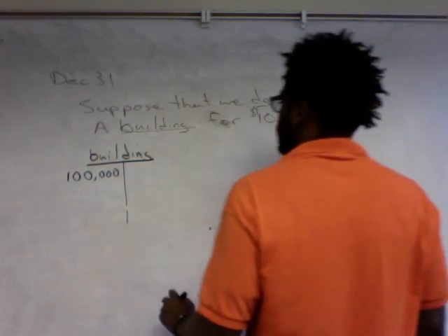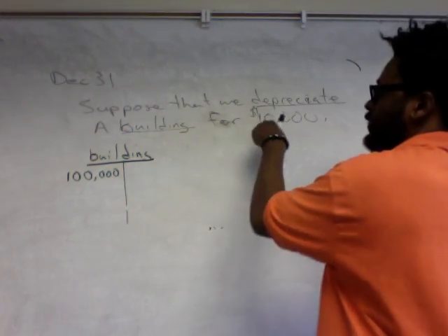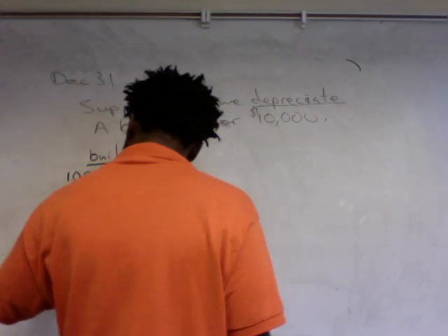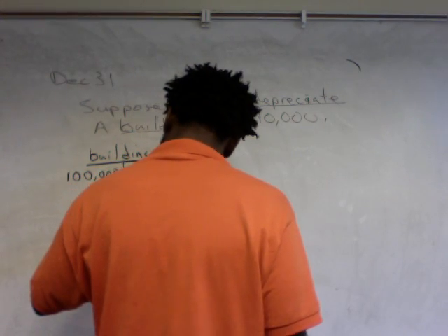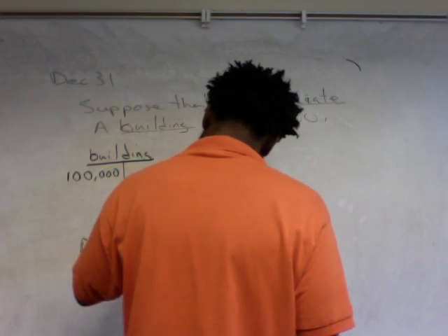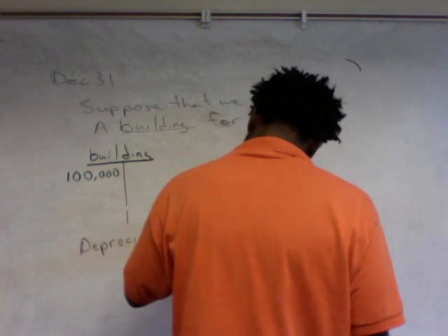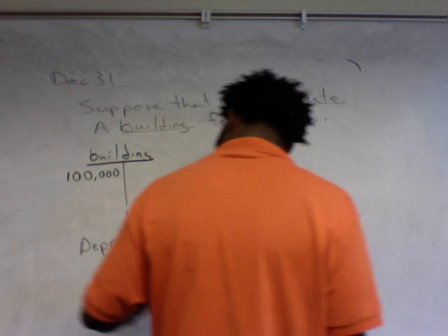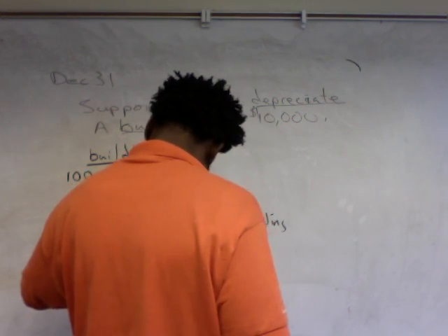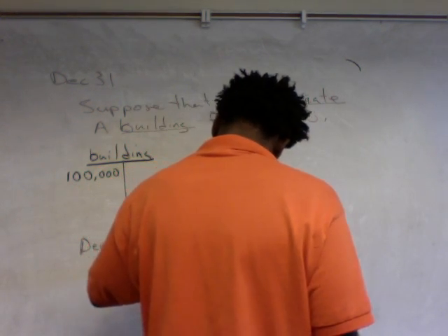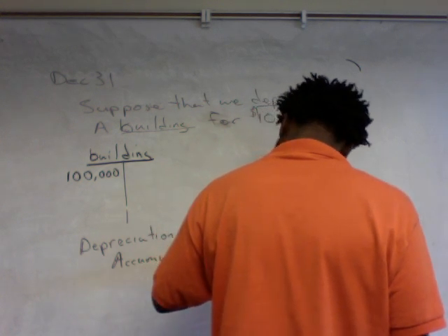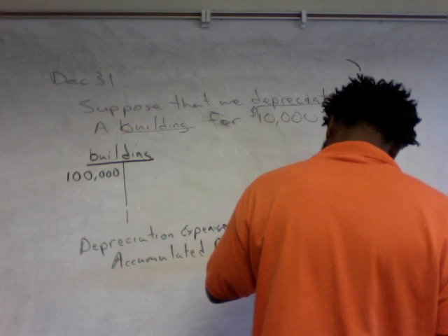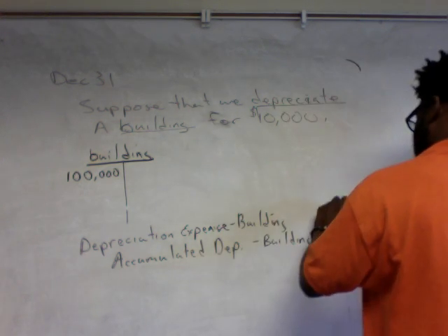So, how are we going to journalize this depreciation? We're going to debit depreciation expense slash building, and we're going to credit accumulated depreciation slash building, for how much? $10,000.